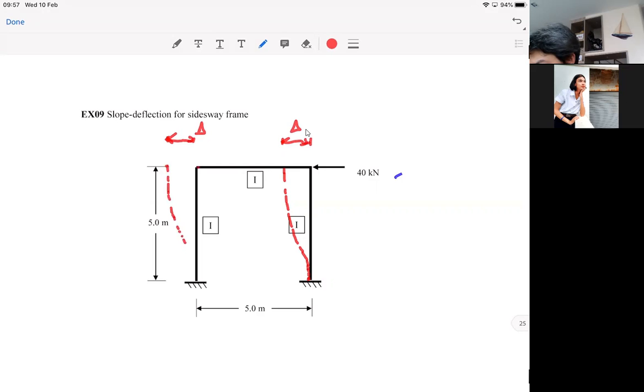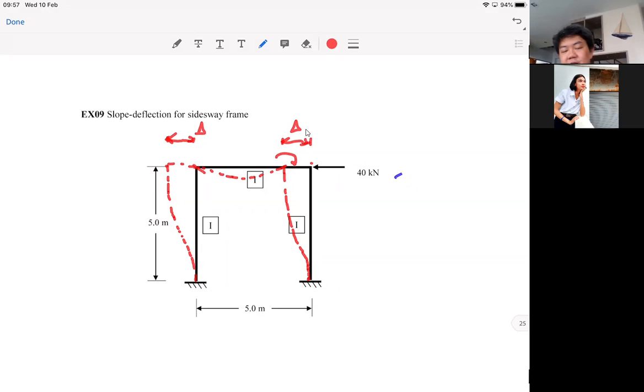And because this is a rigid joint and not a support, it must have rotation. Generally, because it curves like this, rotation should be in this direction, likely clockwise.